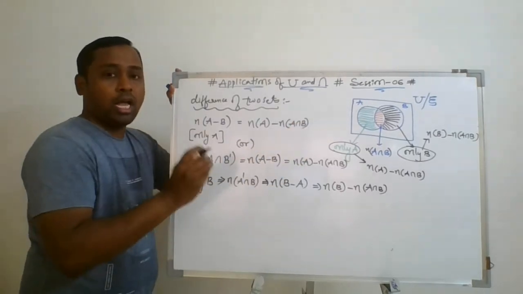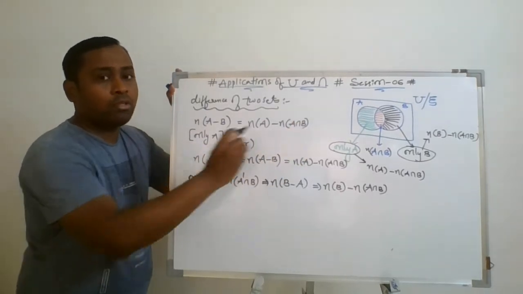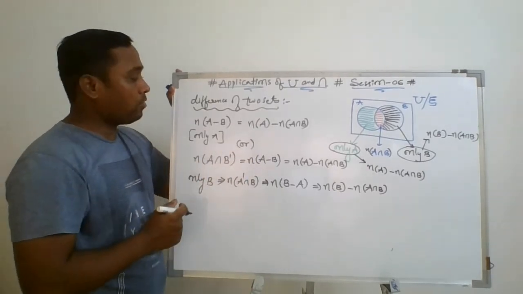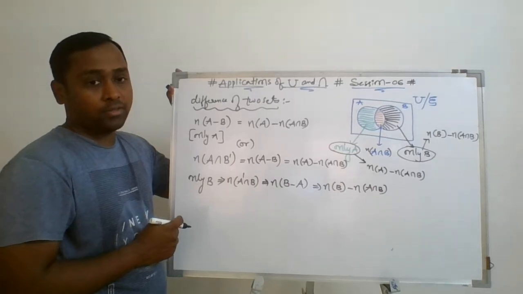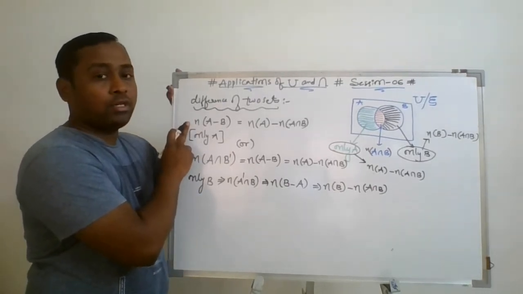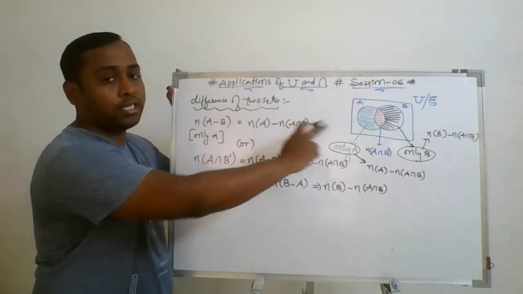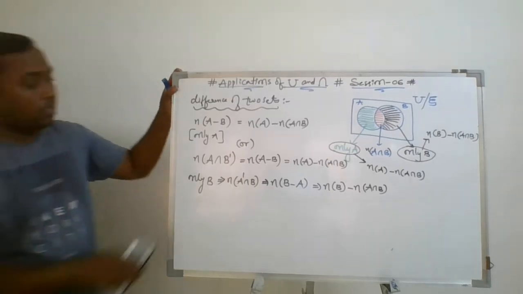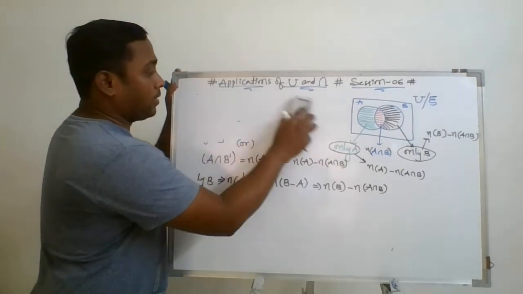If you have a clear idea about the Venn diagrams, it is at your fingertips to develop the formulas. So by keeping this difference concept, now we are going to understand the last concept related to two sets, that is symmetric difference. Now what is symmetric difference?